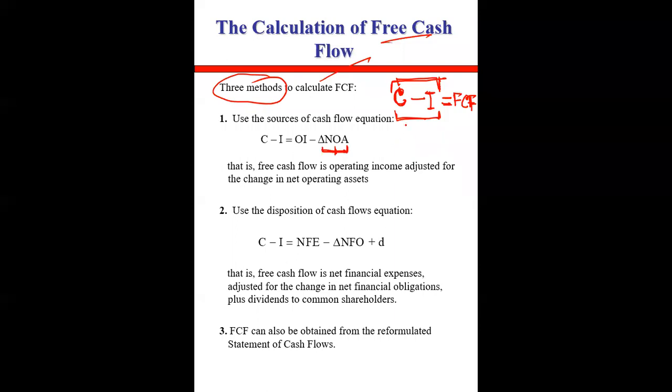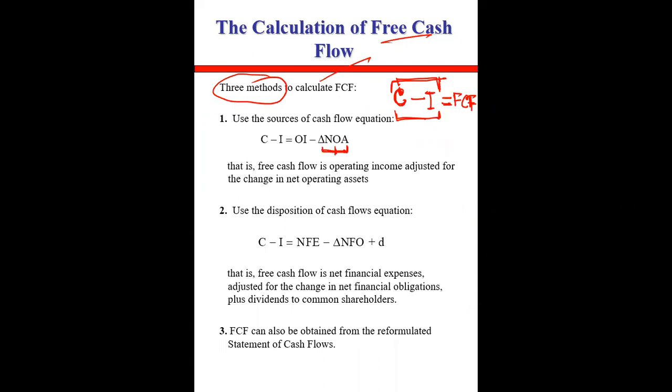So what is free cash flow here in our case? It is the operating income coming from the reformulated income statement, from which we subtract the change in net operating asset from the reformulated balance sheet, and that is our free cash flow.